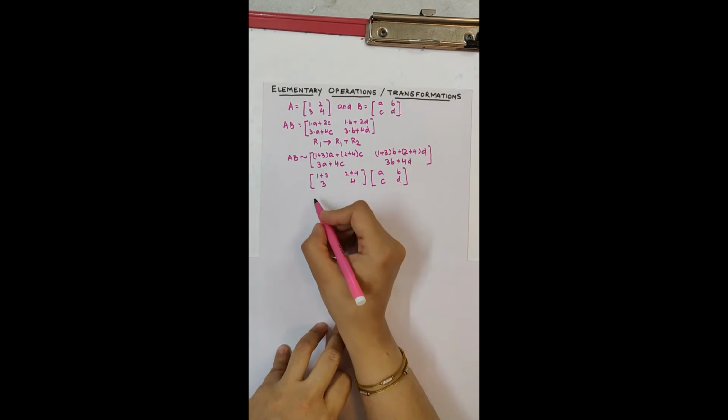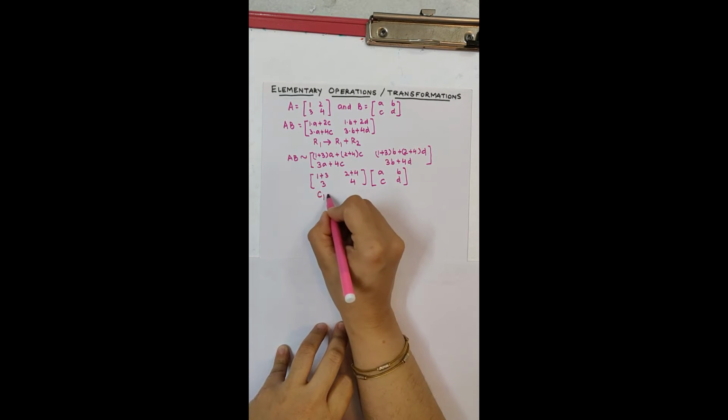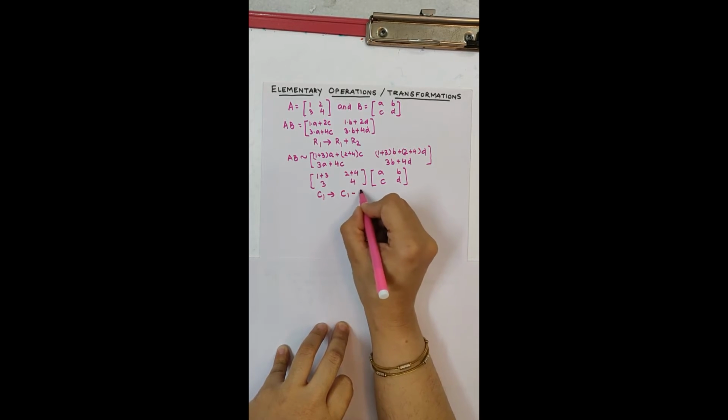Now let us see what happens if I apply a column operation. Say, for example, I apply C1 goes to C1 minus C2.